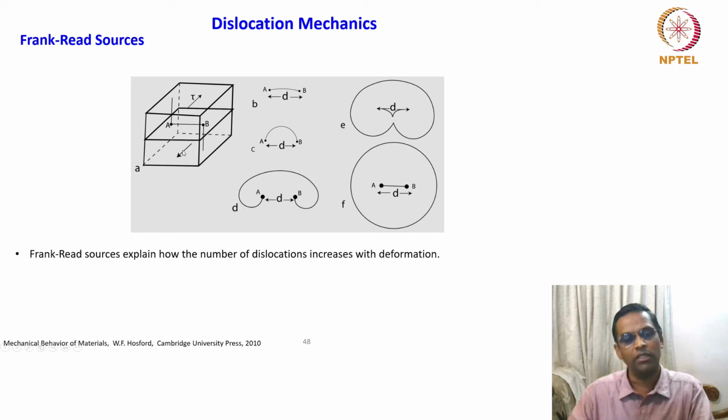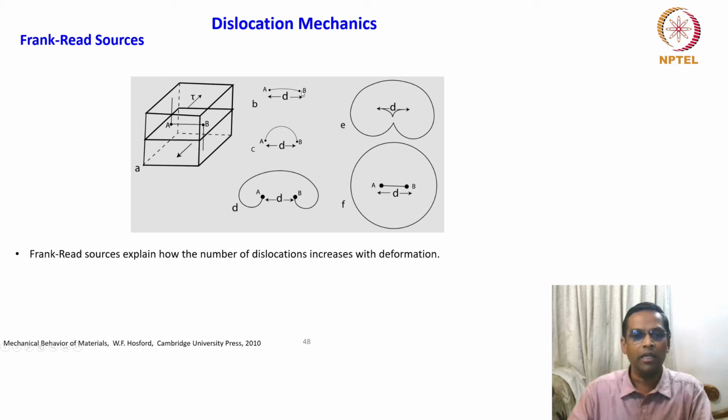So the top and the bottom are pulled in opposite directions. Then what will happen to this AB? That is the question. So what happens in the first stage? You are seeing this dislocation line getting bowed a little bit as the stress slowly starts increasing.